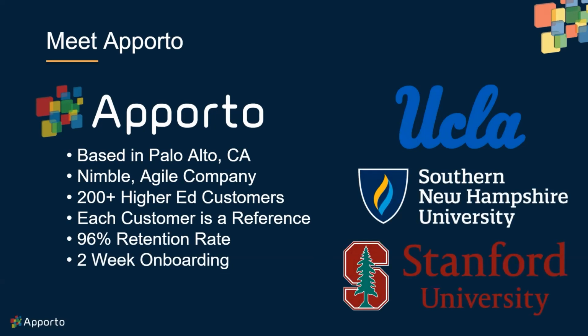We strive to make every customer a reference, and we do that by providing a top-level service across all parts of the relationship. Our customers also enjoy a very quick onboarding experience, typically around 2 weeks. We can go as fast as you need us to, but it's quite a bit faster than other solutions where you may have weeks or even months of prep time. We can have you up and running much more quickly.